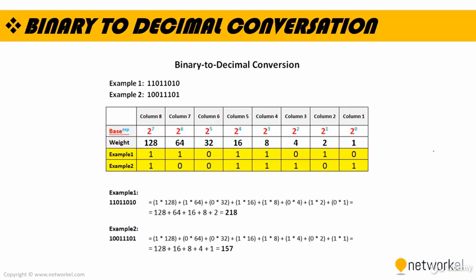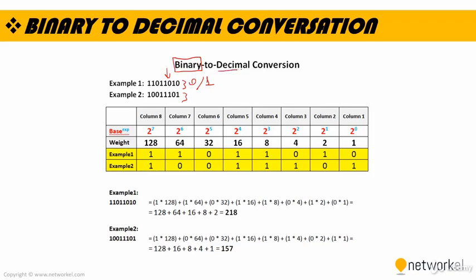Let's take a look at the binary to decimal conversion. We have 2 examples and we have 2 numbers in here. These are binary values of the numbers. In binary values, I can use just 0 or 1.